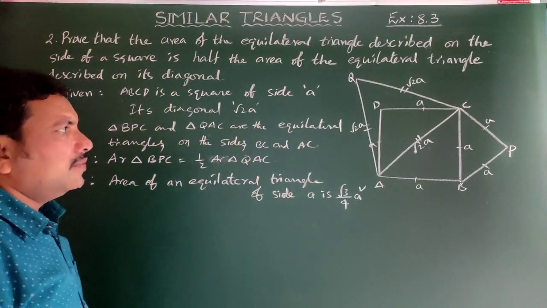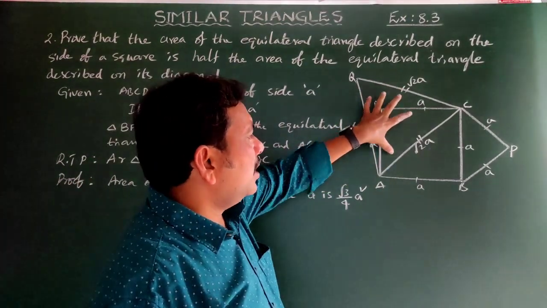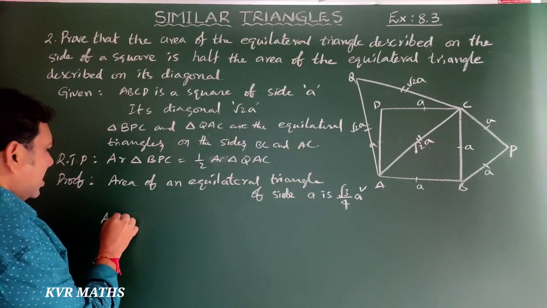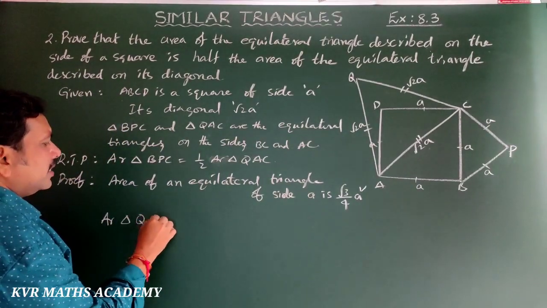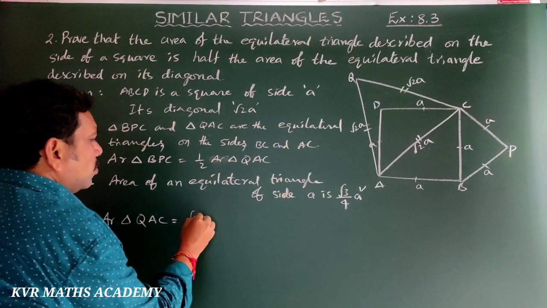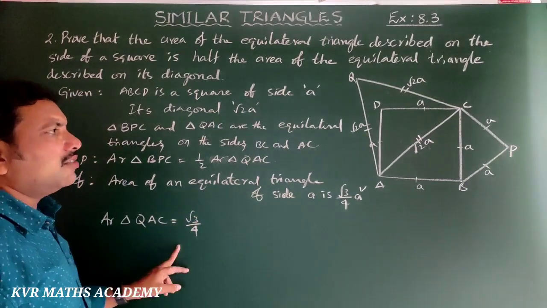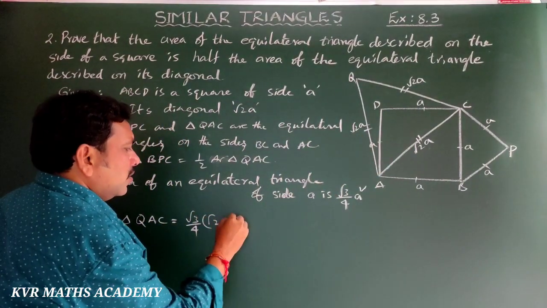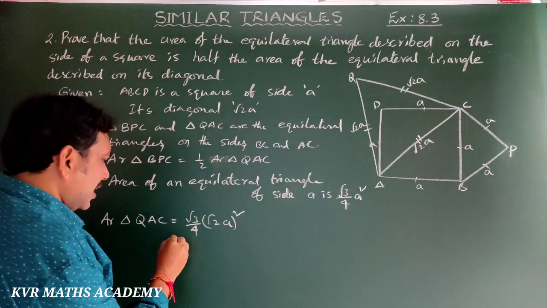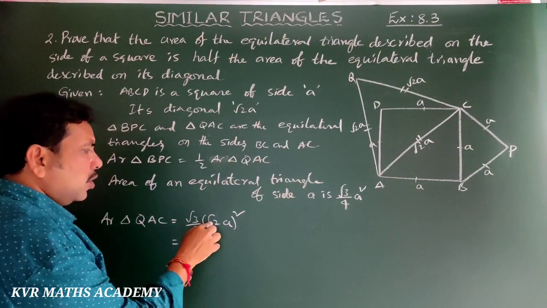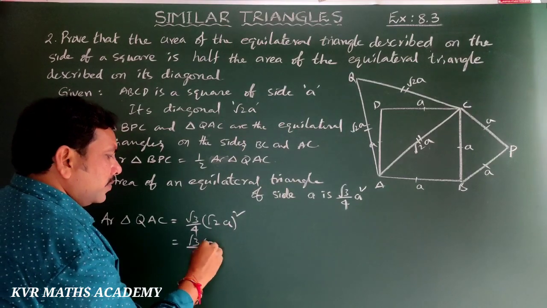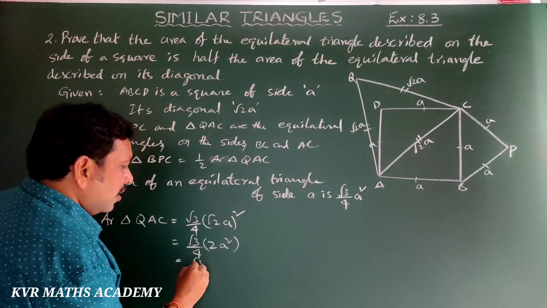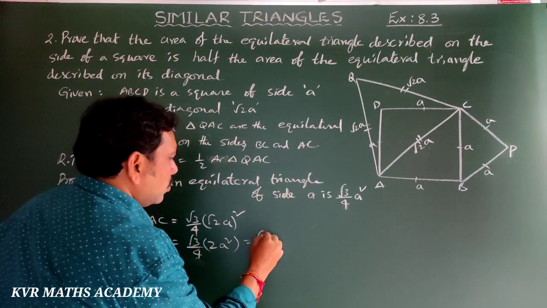Yes. Next, look here. Area of triangle QAC is equal to root 3 by 4 times the side squared, and here the side is root 2a. Root 2a whole square, isn't it? That is equal to root 3 by 4 into root 2 whole square, which means 2 into a square.